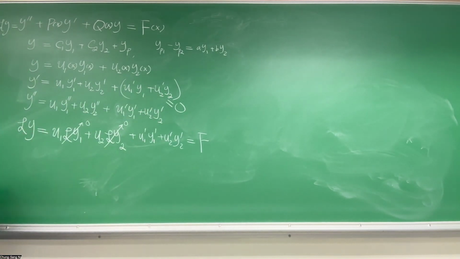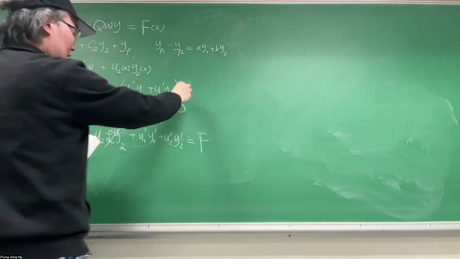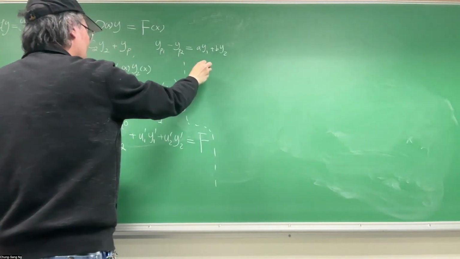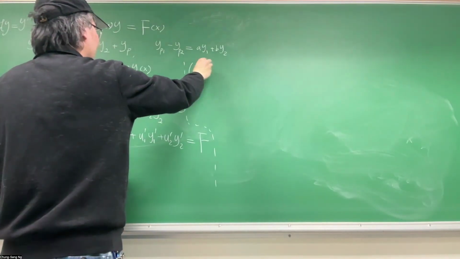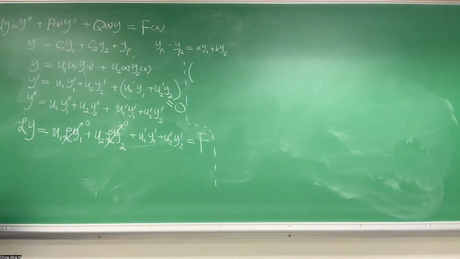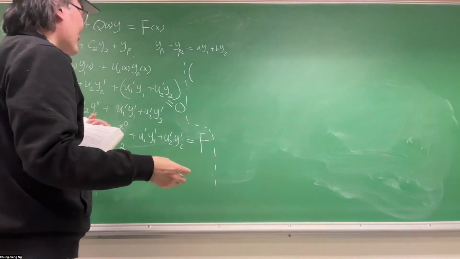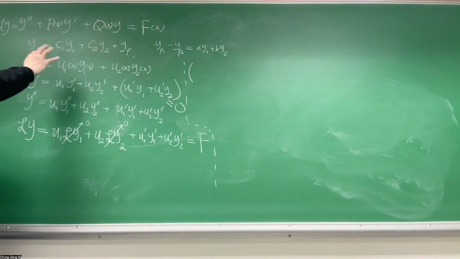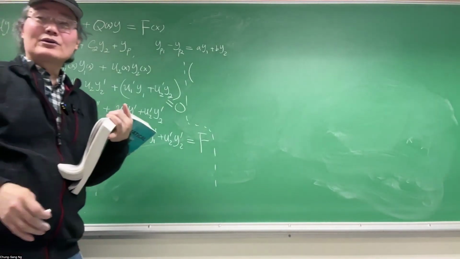You can solve for u1 prime and u2 prime, and let's write out the equation in matrix form. You don't have to for a second order equation. The matrix is just 2 by 2, so you don't need the matrix to solve it, but obviously this can be generalized to higher order.